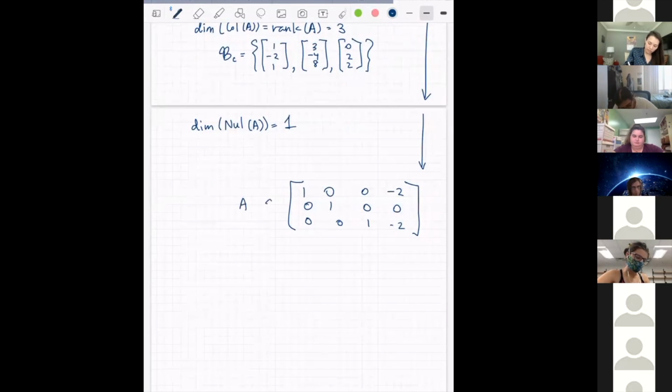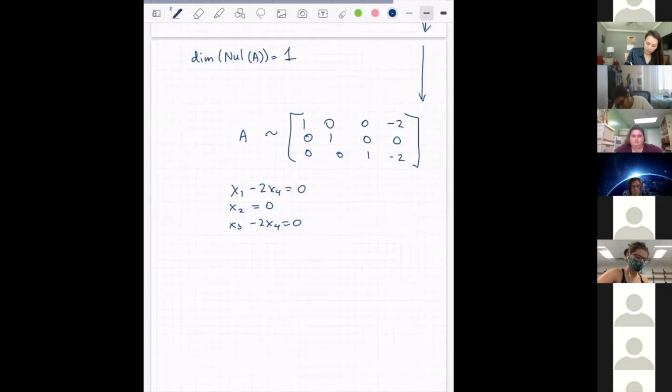Okay, so this is A in reduced row echelon form, and to get the basis for the null space, we just solve the homogeneous equation, right? So we get x1 - 2 times x4 equals 0, x2 actually just equals 0, x3 - 2 x4 equals 0. And x4 is free.